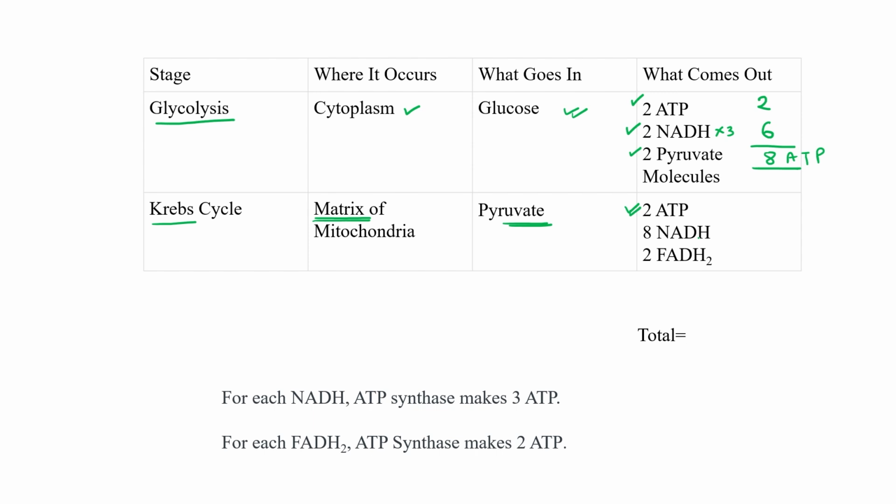So with 1 molecule, and this is for 2 molecules. So 2 ATP, 8 NADH, and 2 FADH2. So can I write down 2 over here and 8 into 3, 24 ATP, 2 into 2, because 1 FADH2 is equal to 2 molecules of ATP. So 4. Can I write down over here? So what is the total number? 30 ATP.